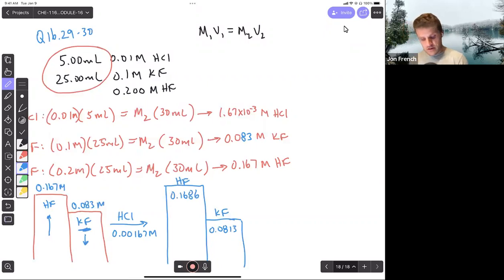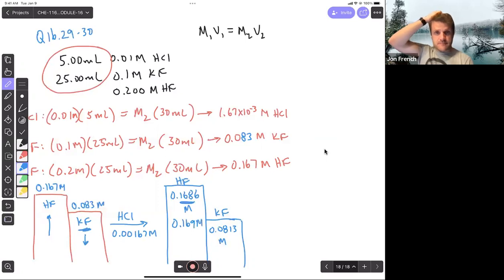So HCl reacted, and we found the new concentration of HF based on that. So for question 29, I would say with three significant figures, 0.169 molar is my concentration of HF.